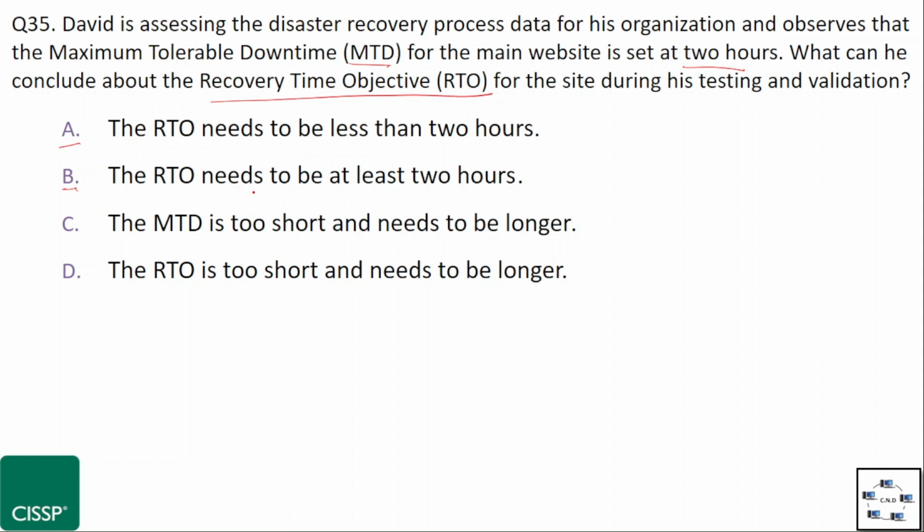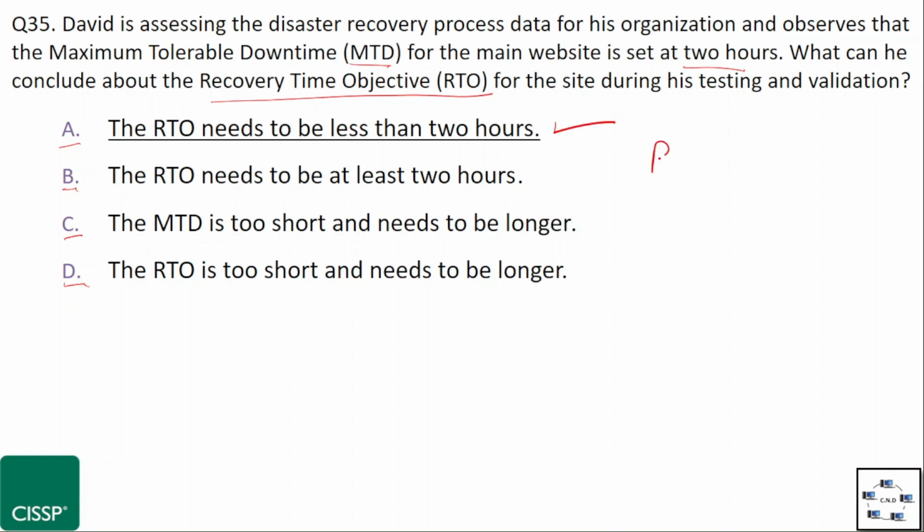Option B, the RTO needs to be at least 2 hours. Option C, the MTD is too short and needs to be longer. And option D, the RTO is too short and needs to be longer. And the correct option is option A, that the RTO needs to be less than 2 hours.